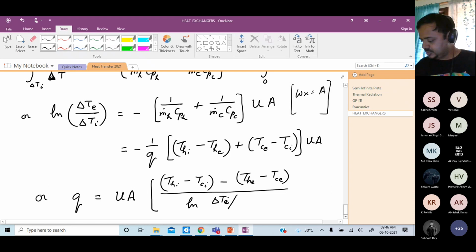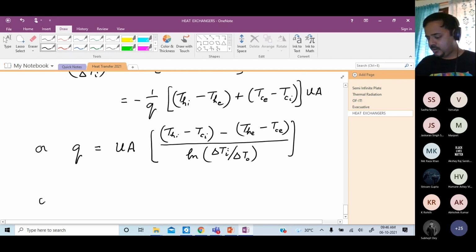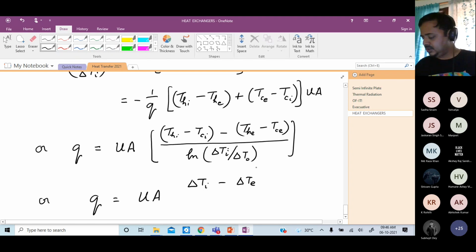So therefore in the denominator I'm going to write delta Ti by delta Te. Or Q is equal to UA times delta Ti minus delta Te divided by log of delta Ti over delta Te.